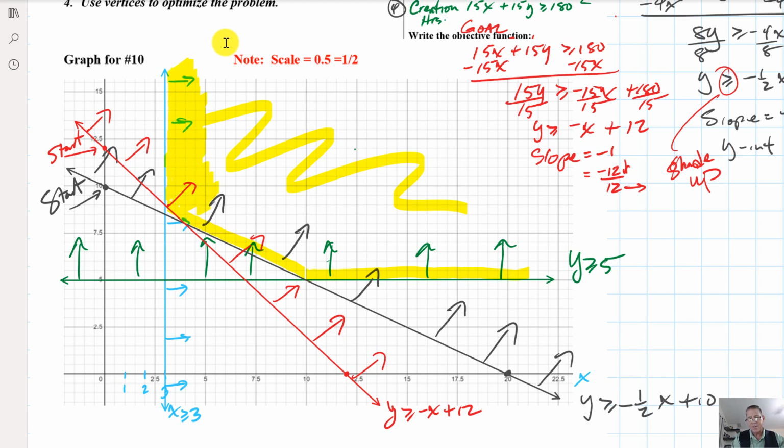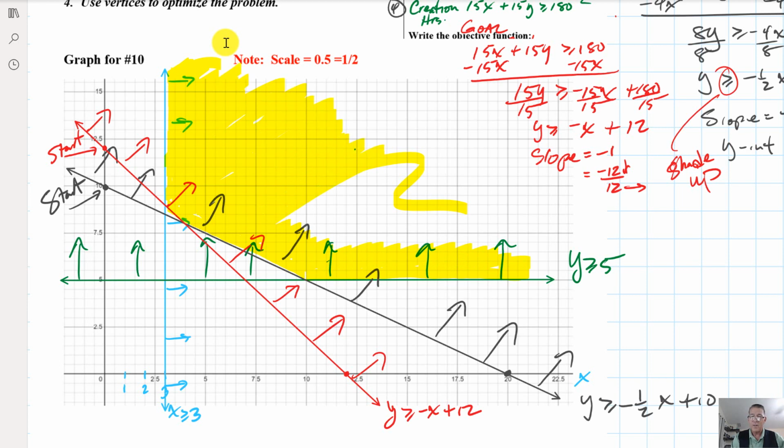That typically happens in minimization problems. We're trying to minimize cost, and there's no limit to cost. The more bakers and decorators you have, the more it costs, right? And there's no limit to the size of a company, theoretically. That's why this doesn't have a bounded area. It's not bounded like the previous ones.